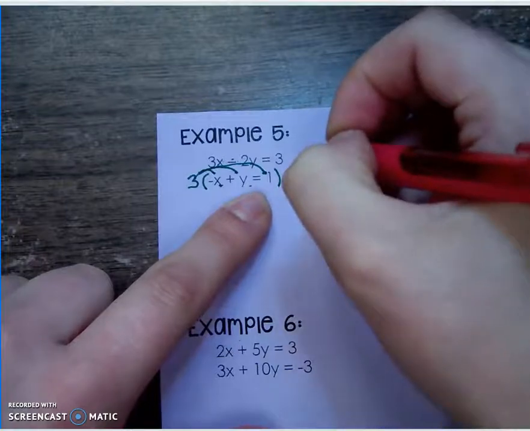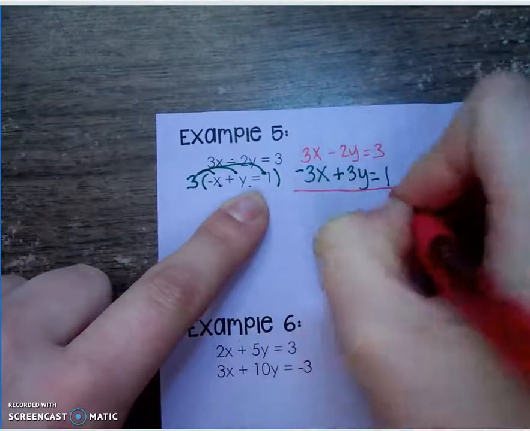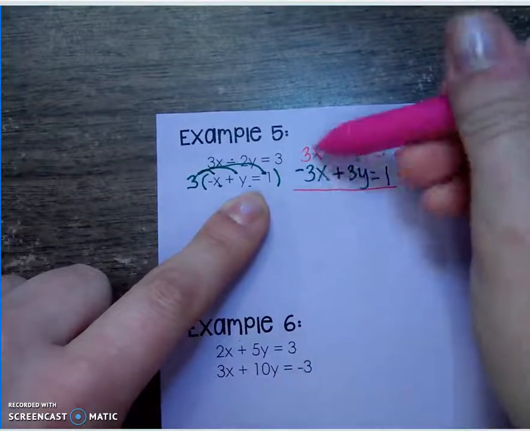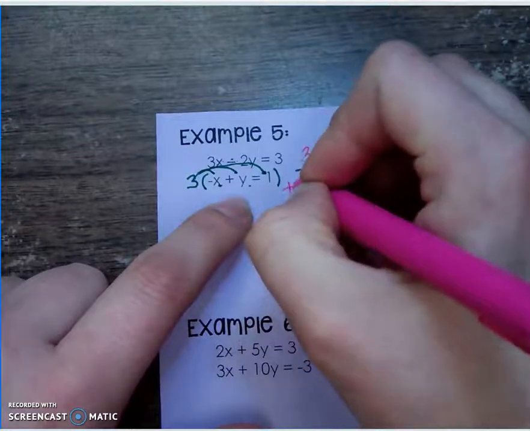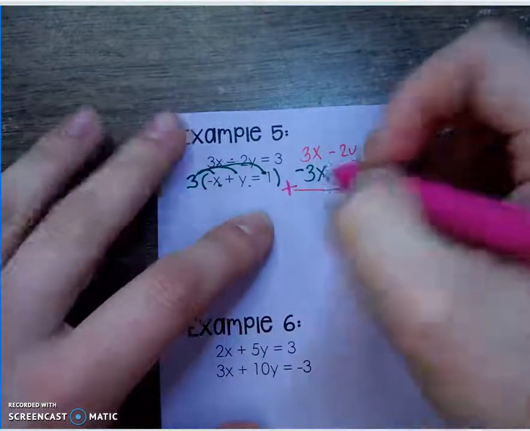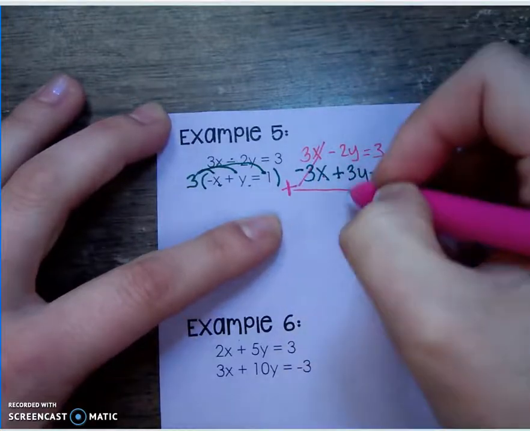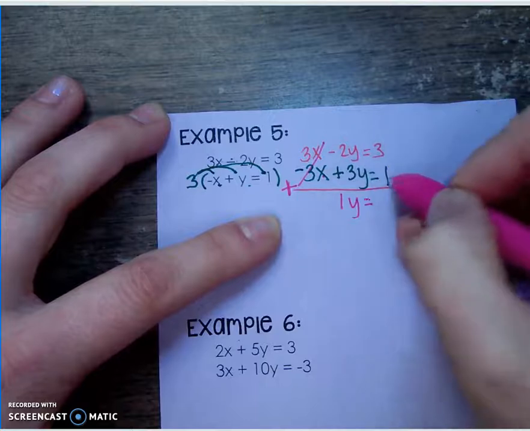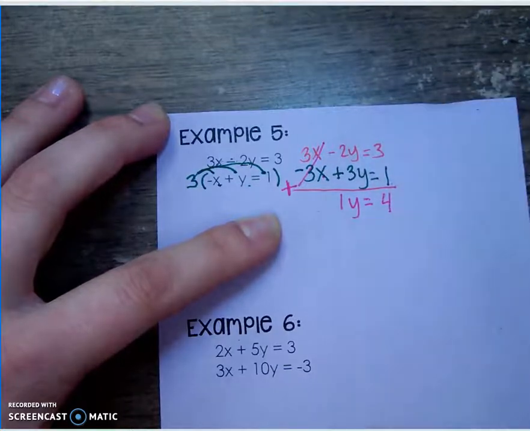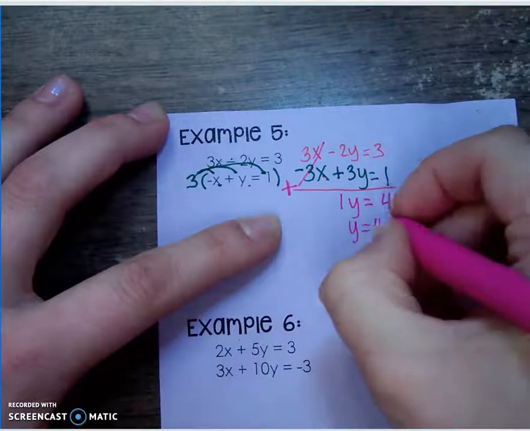We have the 3x minus the 2y equals 3. Now, do I have the same signs or different? They are different signs, or opposite signs, so I'm going to add to zero out the x's. Negative 2 plus 3y is just 1y, equals 3 plus 3 is 6. Officially, I could divide by the 1, but I still know that y equals 4.